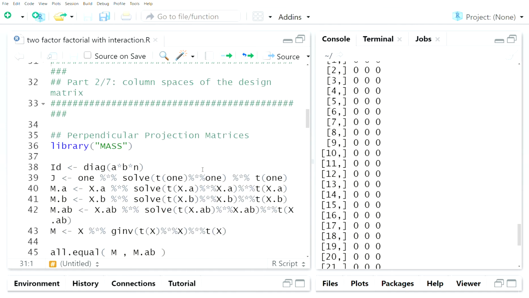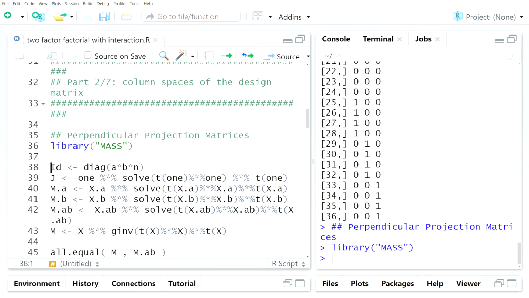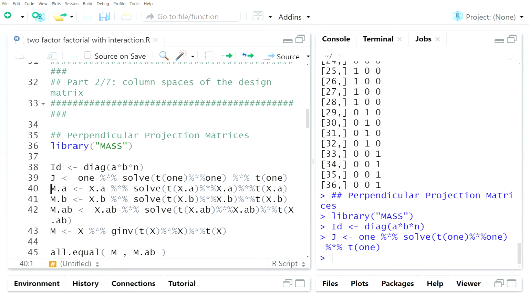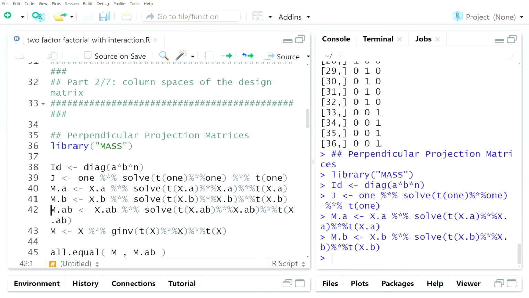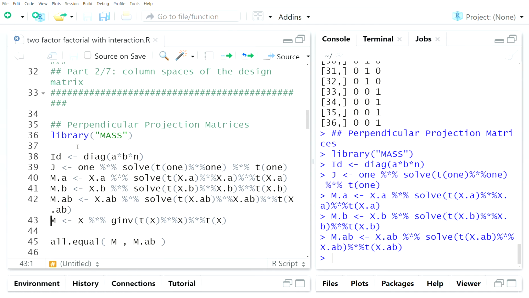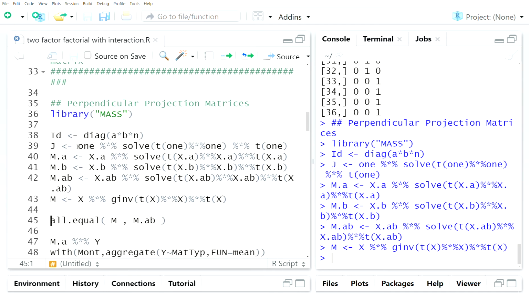Now let's create the perpendicular projection matrices for these, and I need a generalized inverse, so I need to load the MASS library. There's the identity matrix, J, which is the projection matrix onto the column space of ones, MA, MB, MAB, and M. And M is the perpendicular projection matrix onto the whole column space, and then these create the ones previously, J, MA, MB, and MAB.